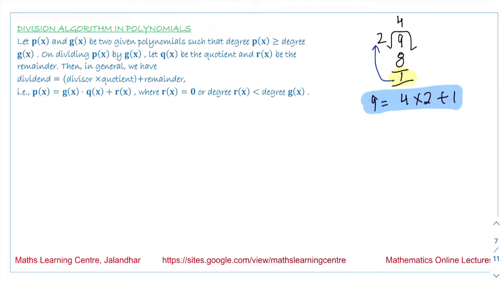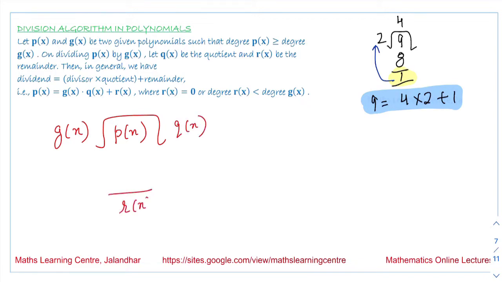A similar kind of thing we talk about in terms of polynomials. If p(x) and g(x) are two polynomials such that the degree of p(x) is greater than the degree of g(x), then on dividing p(x) by g(x), the quotient is q(x) and the remainder is r(x).